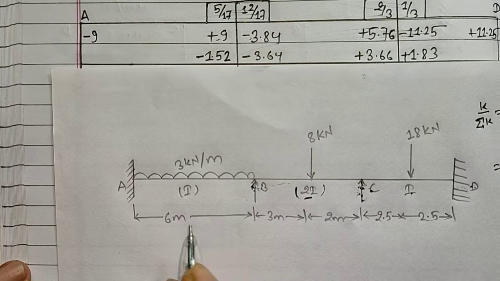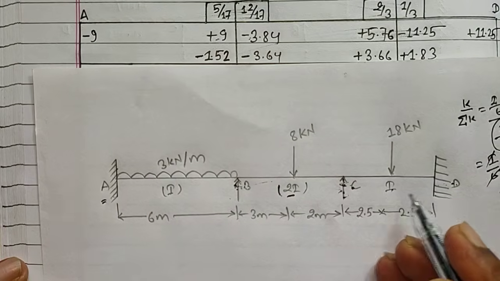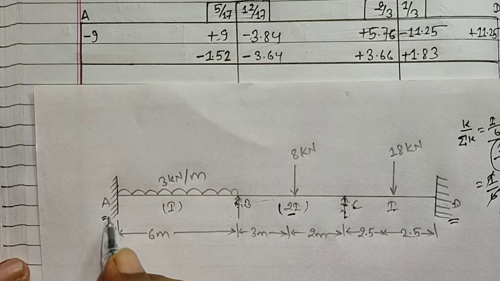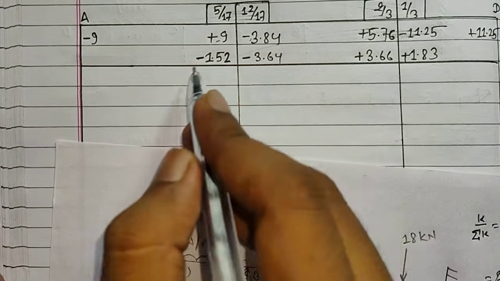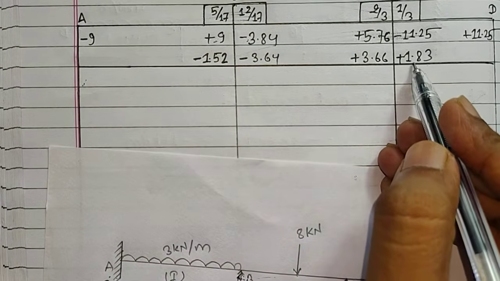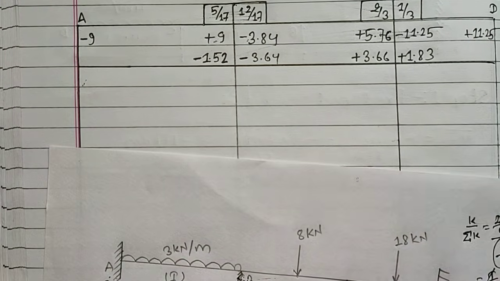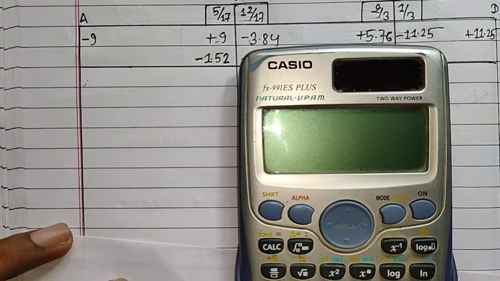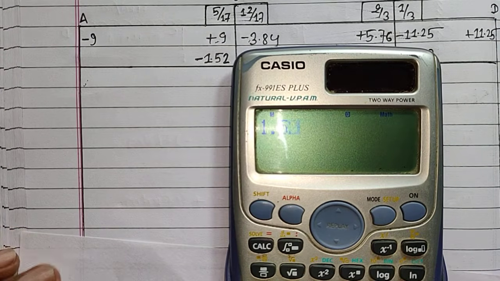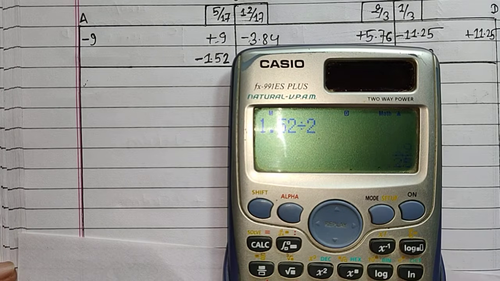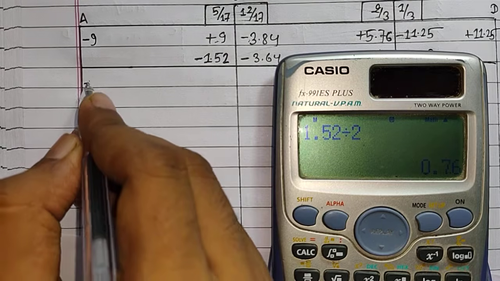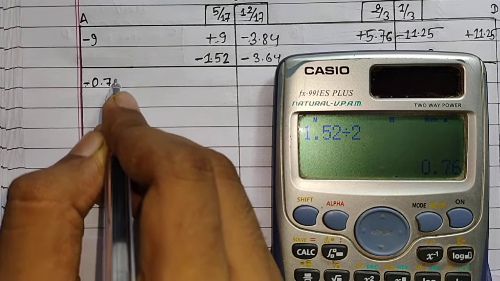Now guys, you can see that our end A and end D is a fixed end, so we need to transfer half of the moment to A and D. Means we need to transfer half of 1.52 here at A and half of 1.83 at D. So let's see how this is done. 1.52 divided by 2, we will get 0.76, and this is negative, so write it down here minus 0.76.